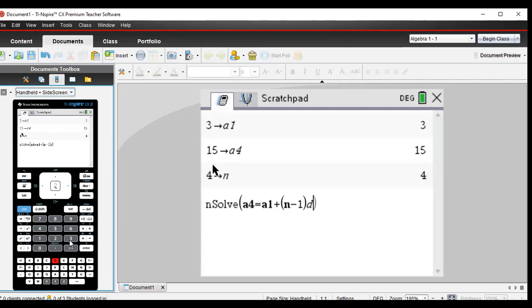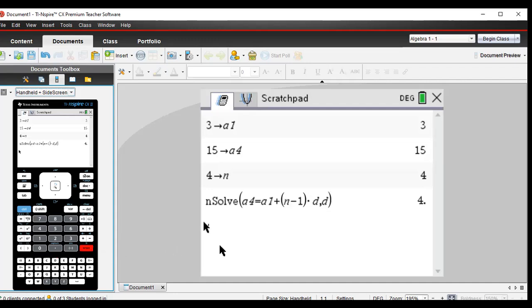And then I'm going to do comma. Now notice every one of these variables is bolded, which means it's not a variable because we put numbers in there. And the only thing that we're solving for is the common difference.